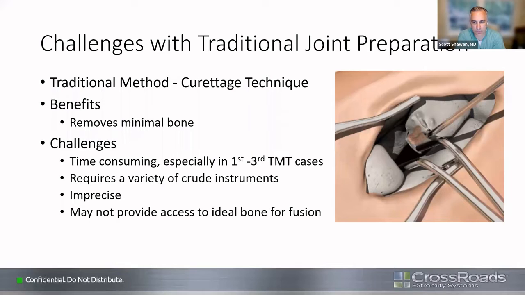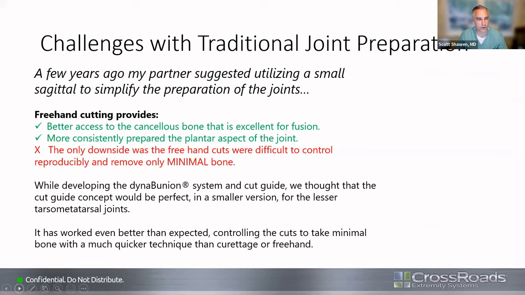But most of the time it was not being able to correct any deformity. This is a little more time consuming. You're using more crude instruments. It's less precise. You also have, I think, a harder time getting into the plantar aspect of the joint, and may not get through that subchondral bone, which you need to get through in order to provide ideal bone for fusion, or bone that has good blood flow to it.